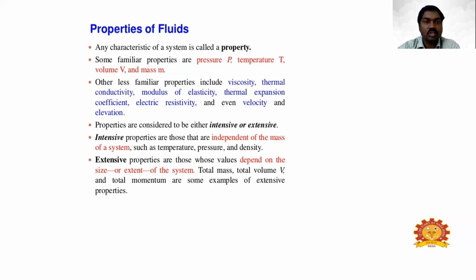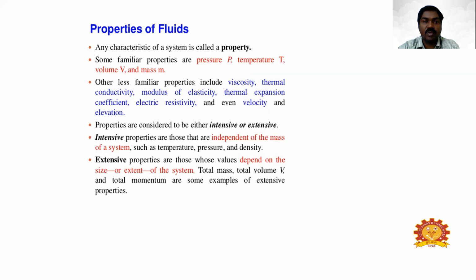Intensive properties are independent of the mass of the system, such as temperature, pressure and density. Extensive properties depend on the size or extent of the system, such as total mass, total volume and total momentum.